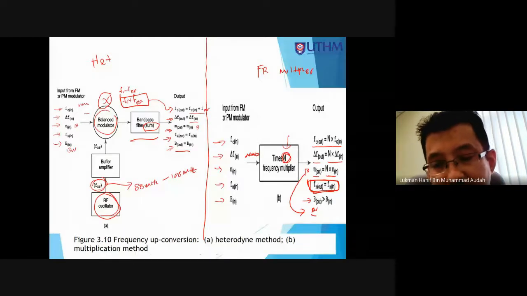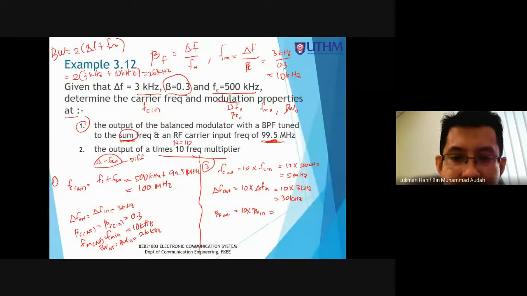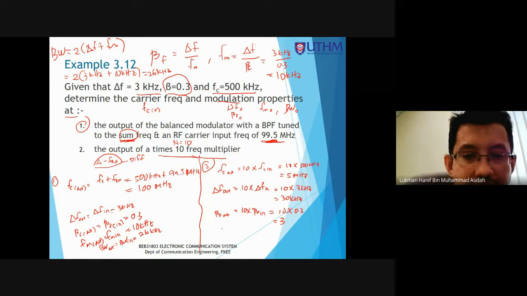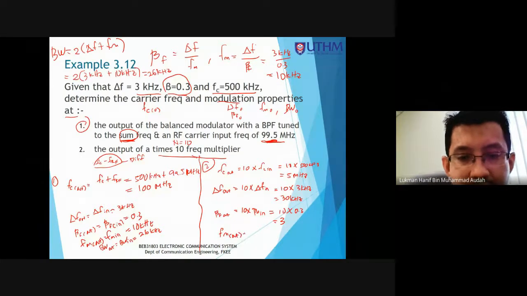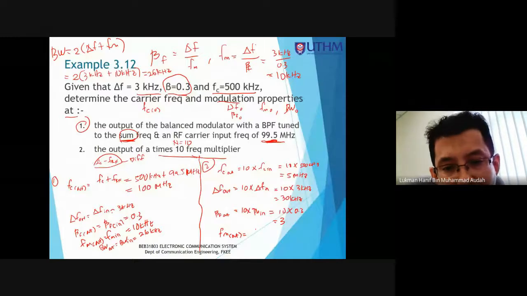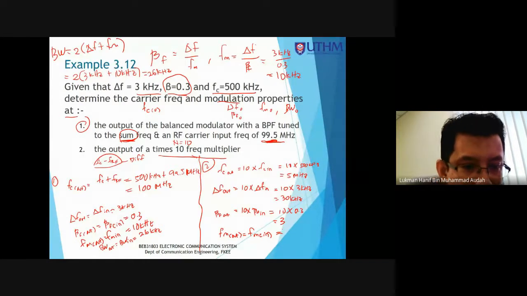Maknanya modulation index akan berganda sebanyak n. So that means here is 10 times 0.3, so this is equal to 3. Okay, what about FM out? FM out is equal to FM in, tidak berubah, no change, which is equal to 10 kilohertz.